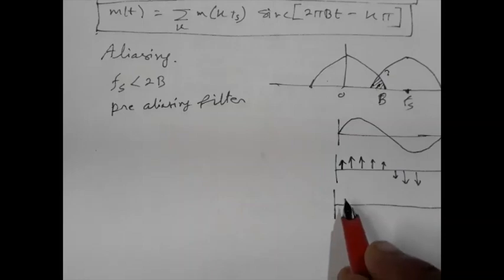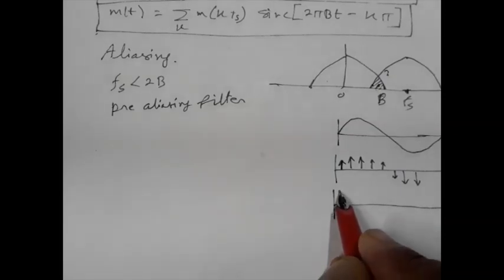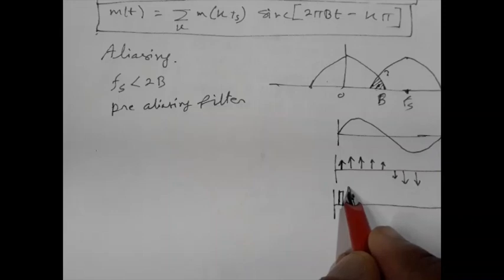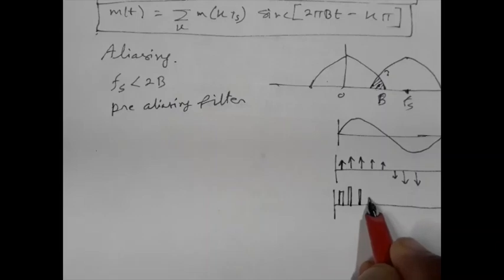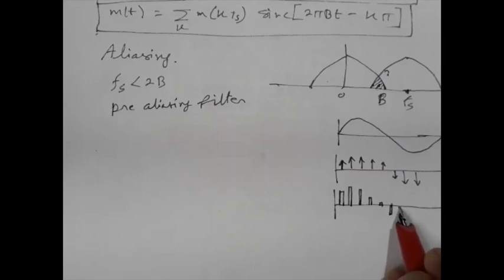Now once we have finite width, the sampling becomes two kinds. Here with finite width signals, the top of the pulses may be flat, like this.